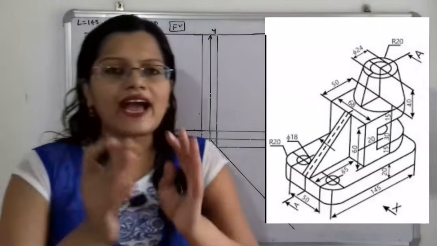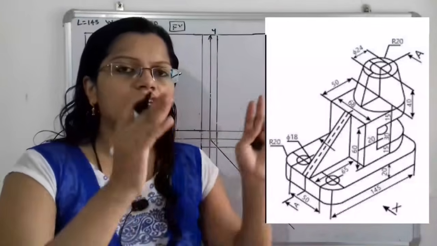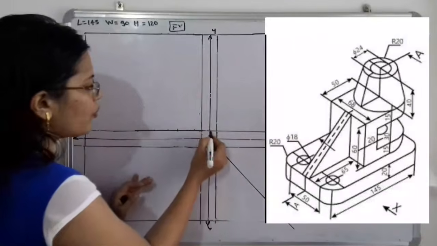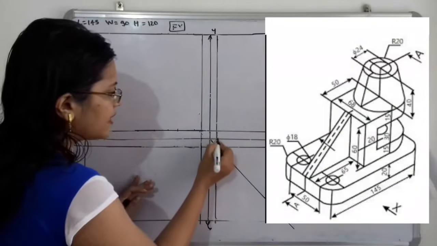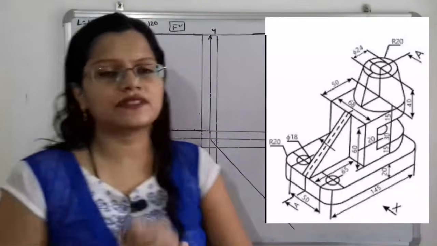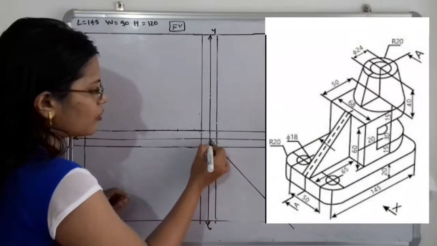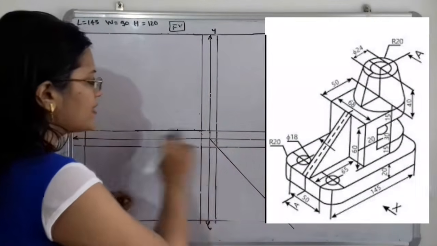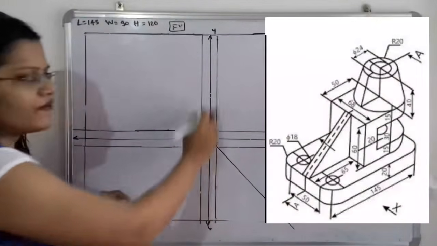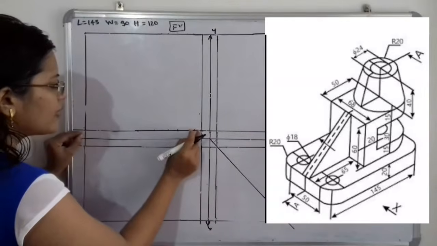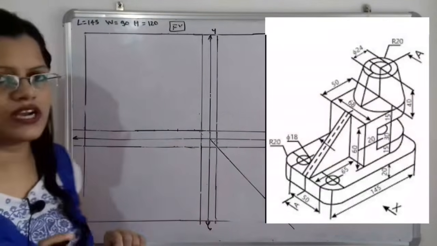Now we have to keep some space in between the front view, top view and side view. For that, on both sides of the x-axis and y-axis we have to keep some distance. We will take a distance of 1 centimeter on both sides and draw lines parallel to the x-axis and y-axis. This is the line we are going to consider for the outline.